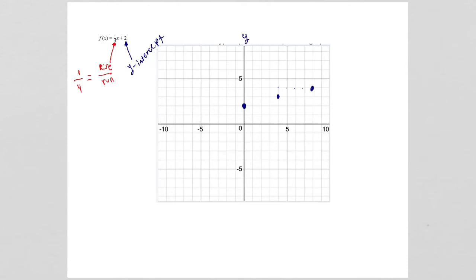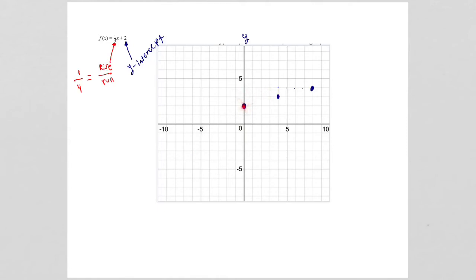Now it's important to emphasize that when you're running, you're always going to go to the right. So you're always running to the right, even if you have a negative right here. The only way in which you would go to the left is if you were trying to plot the points going backwards. So you see here how I'm going up 1 to the right 4.